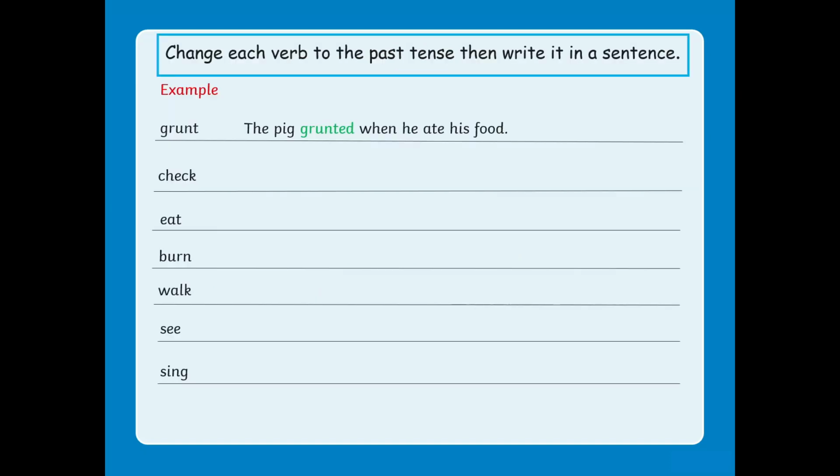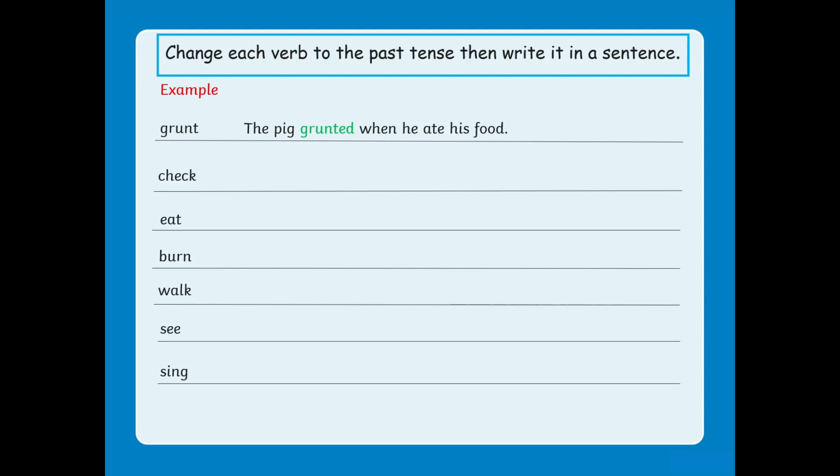So change each verb to the past tense, then write it in a sentence. The first one has been done for you. So the verb is grunt. So the past tense of grunt is grunted, and you can see that written in green. And if you write it in a sentence, the sentence says, the pig grunted when he ate his food.